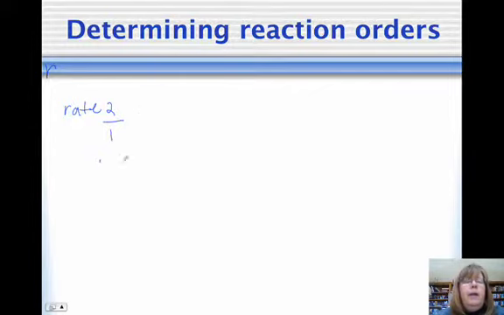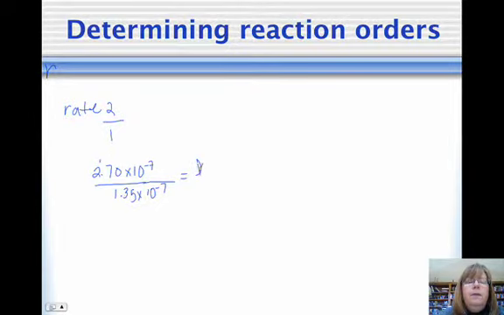So rate 1 over rate 2. Okay, so here we go. Rate 2 was 2.7 times 10 to the negative 7th. Rate 1 was 1.35 times 10 to the negative 7th. And now remember, the top is from reaction 2.